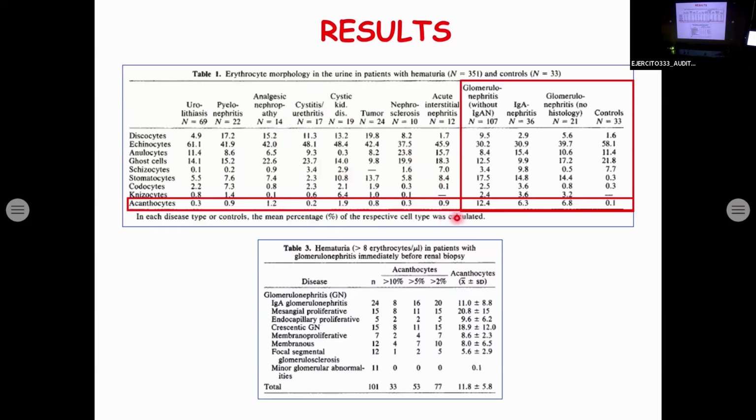They were present in glomerular diseases, absent in normal control. And in this paper, they also identified what they considered the best cutoff to supply an acceptable sensitivity and specificity to define hematuria as glomerular.